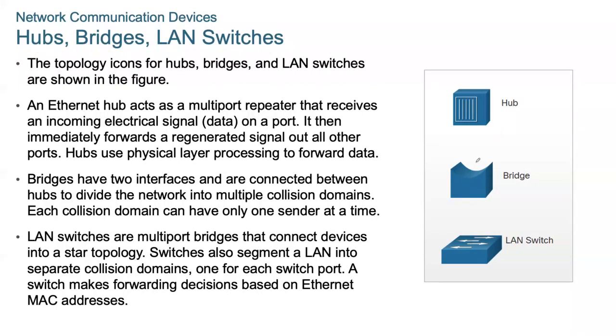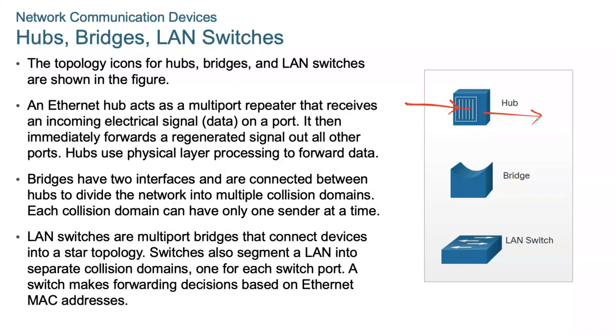So the Ethernet hubs act as a multi-port repeater, simply we call them, because they don't do any multiplexing. They will just take the packets from the input line and forward the packets through their output line or output interfaces.